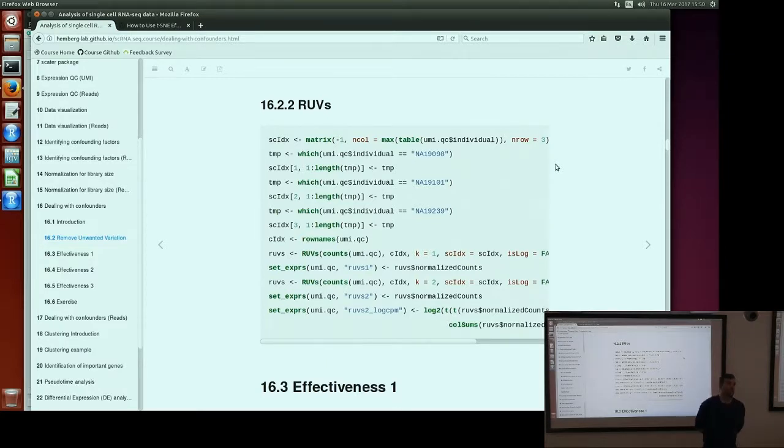Yeah, so the question was, if you had a data set where you'd identified different cell types, could you then treat cells from this cell type as replicates in this sense, and therefore try to remove variation between cells that I've called the same cell type.